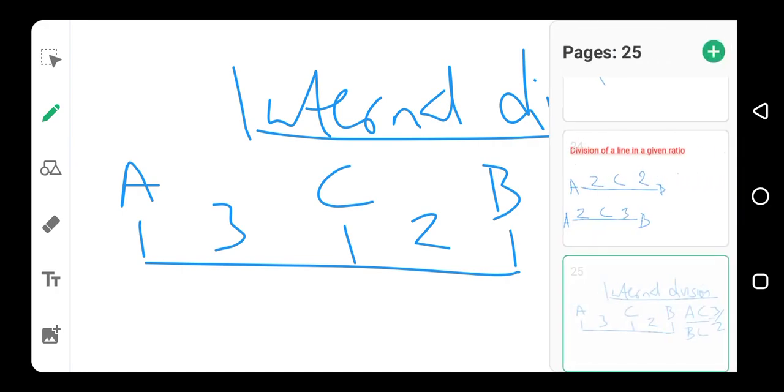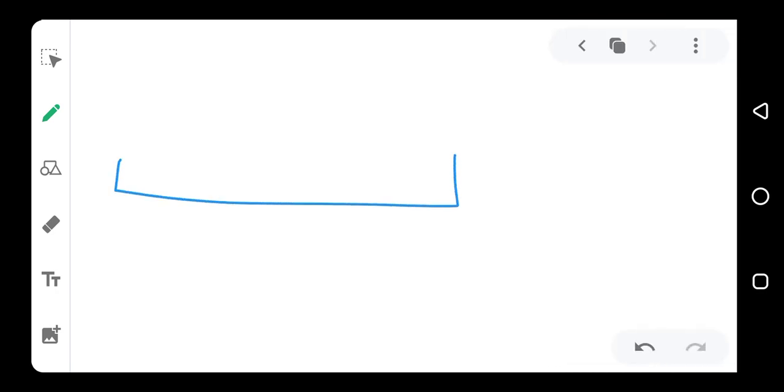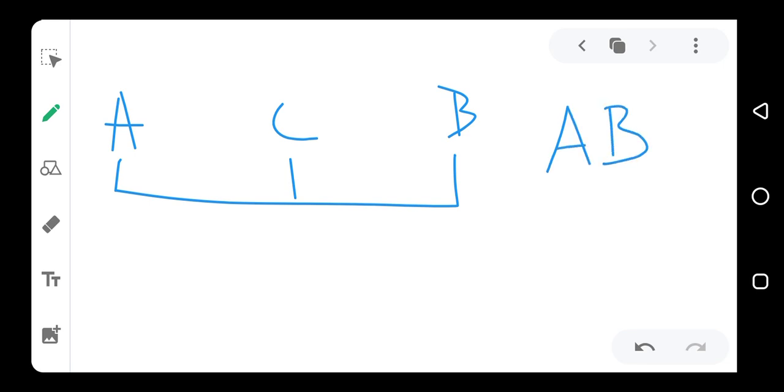Now, if a line is divided externally, the ratio of the division is AB over BC.